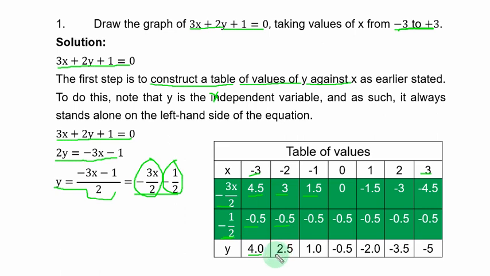That gives the second value 2.5. Then 1.5 minus 0.5. That gives 1.0. Then we have 0 minus 0.5. That is minus 0.5, and so on. So the next step now is to plot the values on the graph sheet.